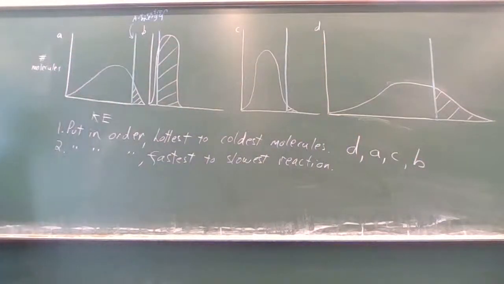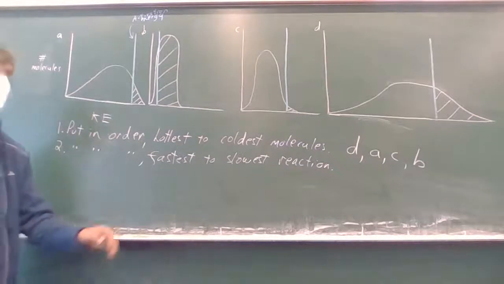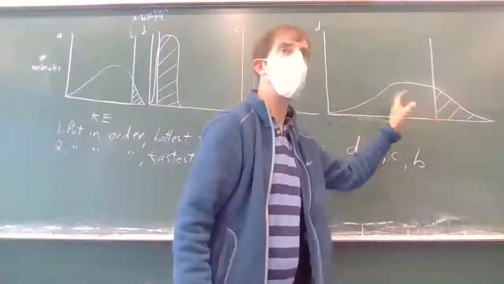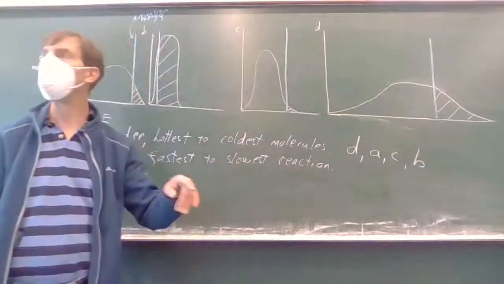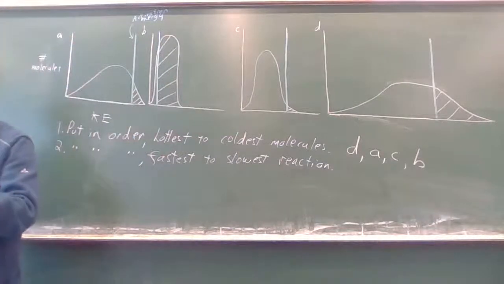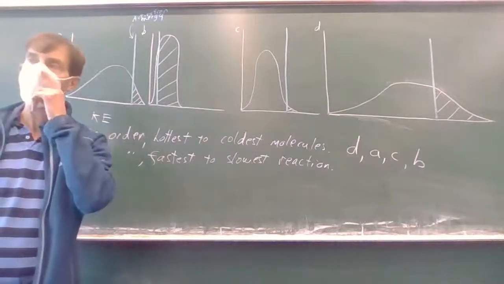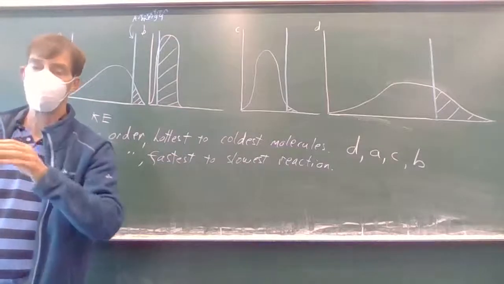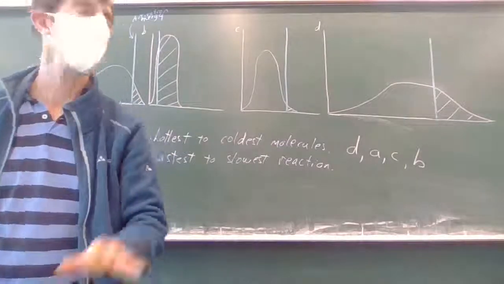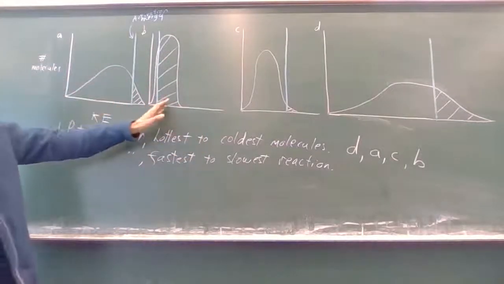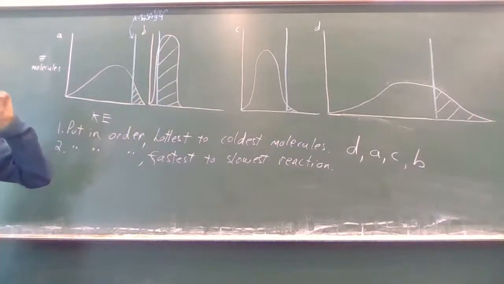Why is D the hottest? This is the most kinetic energy. Yeah, they're way over at the right, a lot of kinetic energy. Why is B the coldest? The least kinetic energy. Okay, so where are they? For B, they're all at the left side, so the least kinetic energy.